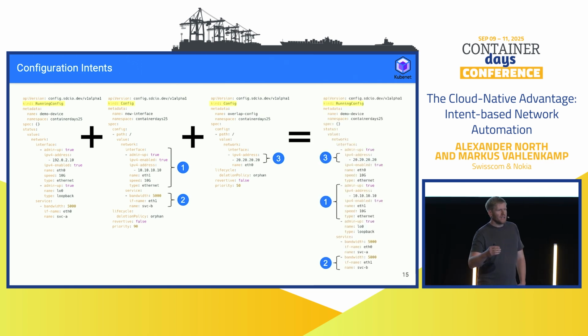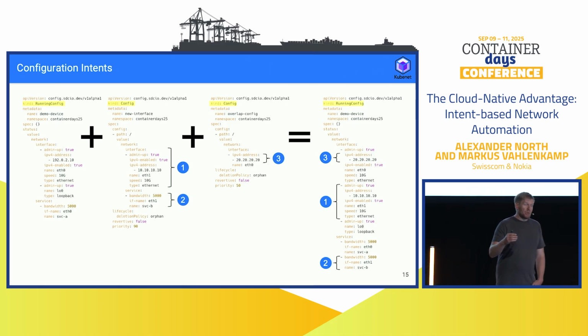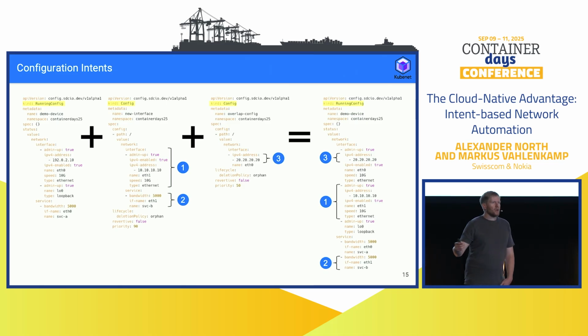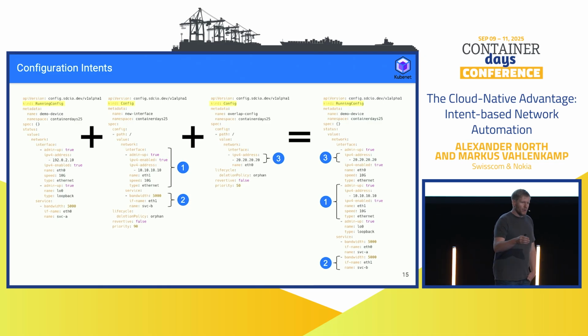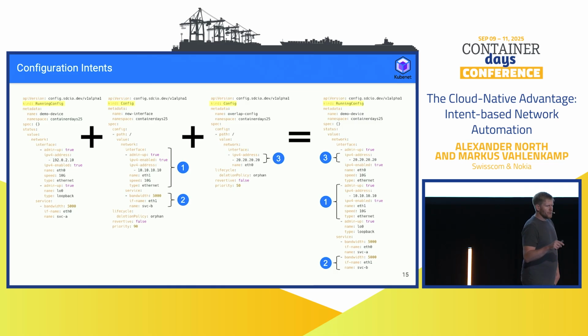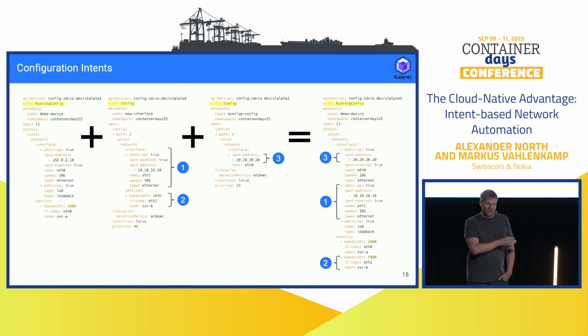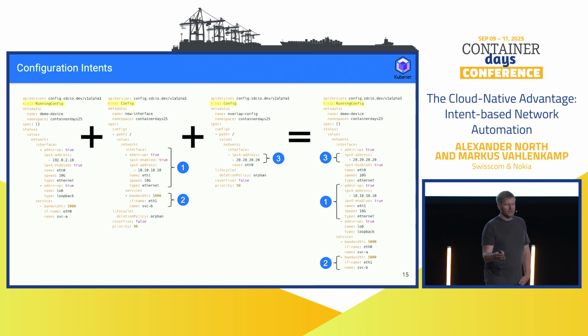And that will, in the end, after SDC picked it up, be reflected again in our running configuration, now having the new IP address, plus the additional interface and the service. So now you might have the question like, why did it update the IP address?